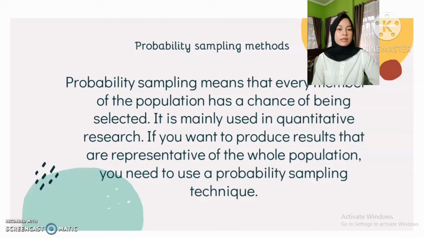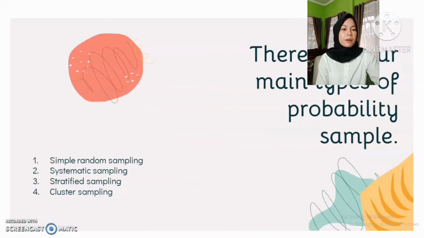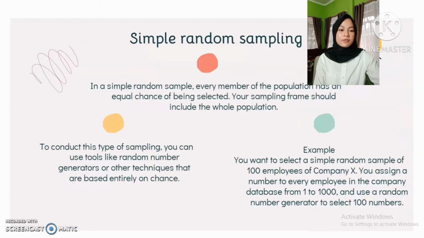First is simple random sampling. In simple random sampling, every member of the population has an equal chance of being selected. Your sampling frame should include the whole population. To conduct this type of sampling, you can use tools like random number generators or other techniques that are based entirely on chance.